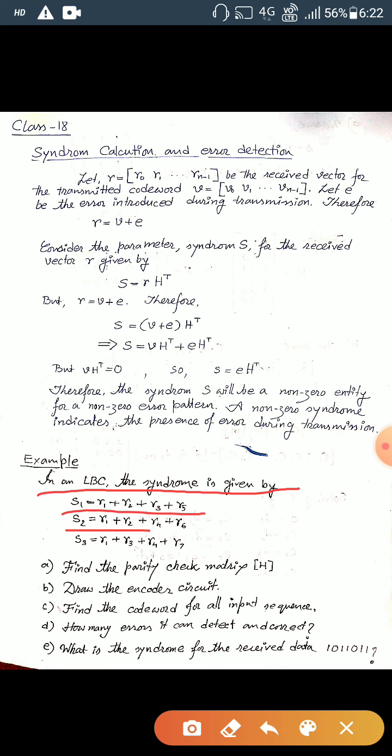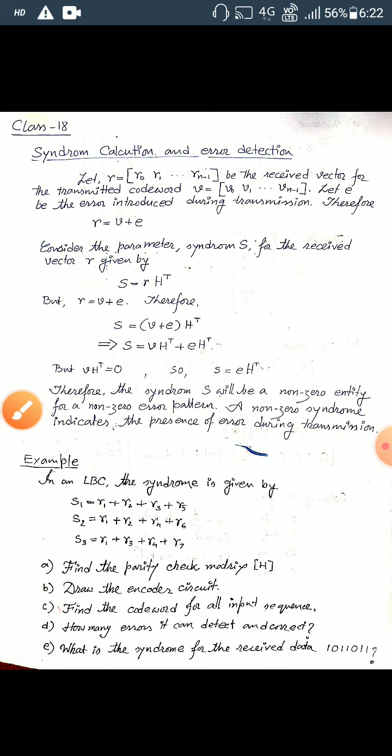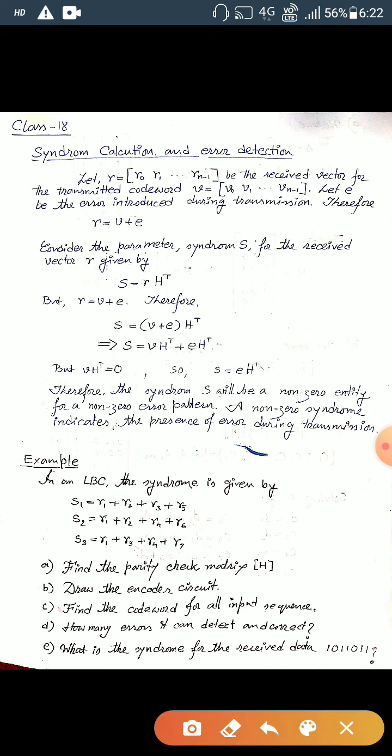The question is that you have to find, for option A, the parity check matrix, that is the capital H. If you look clearly, in S1, S2 and S3, R is a suffix starting from 1 and ending at a maximum value of 7, that is R1 up to R7.